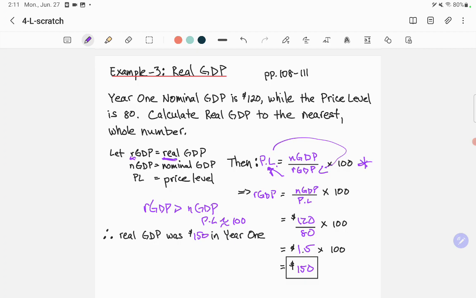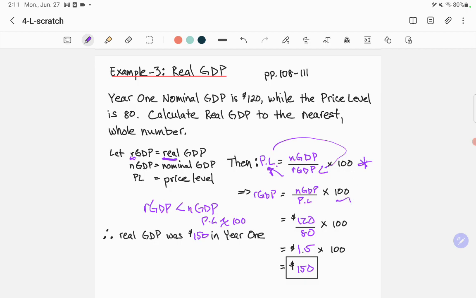Generally speaking, real GDP is going to be less than nominal. Therefore, price level is usually going to be 100, 105, 110. So when you're looking at the numbers, usually real is going to be less than nominal, therefore price level is higher than 100. That answer your question? Okay.